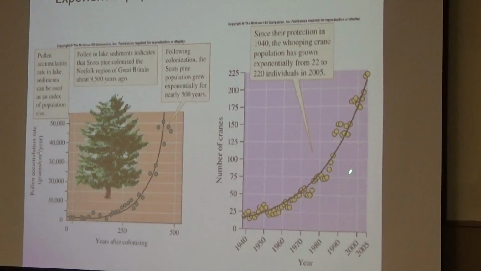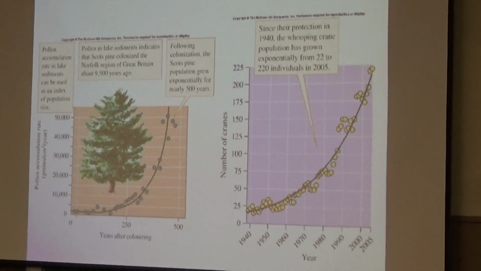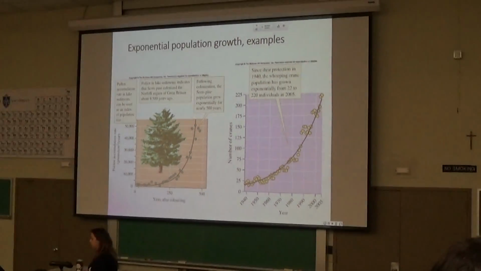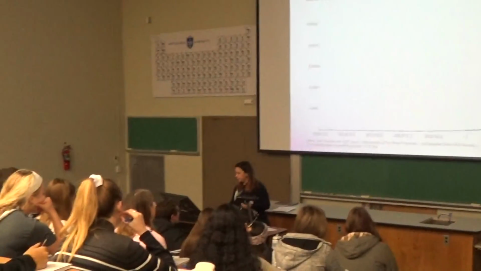Whenever people manage natural populations, they try to look at these numbers and predict the consequences, thinking whether or not that's sustainable over time, or if this exponential growth will cause populations to crash eventually.